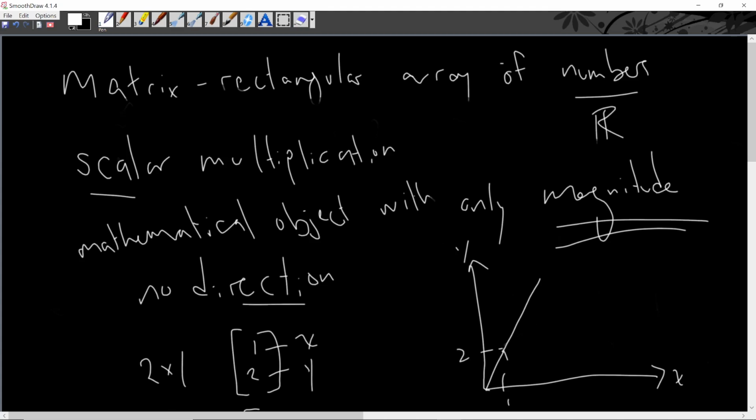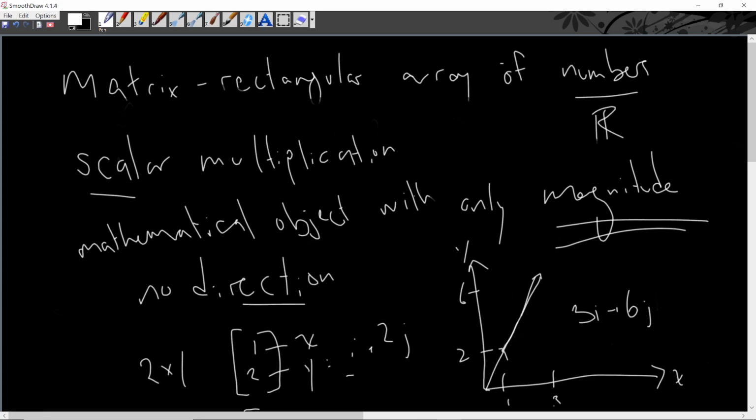So let's draw that really quick. If we multiplied this by a scalar, we're just extending the magnitude. Let's say that this is 3, 6. We have i and 2j, so i plus 2j is the representation of that vector, and this is going to be 3i plus 6j.